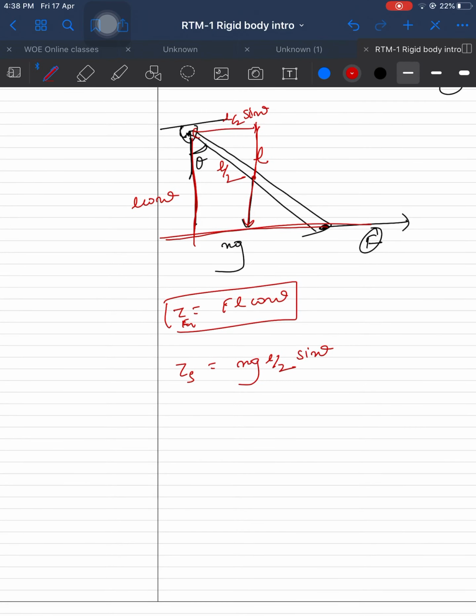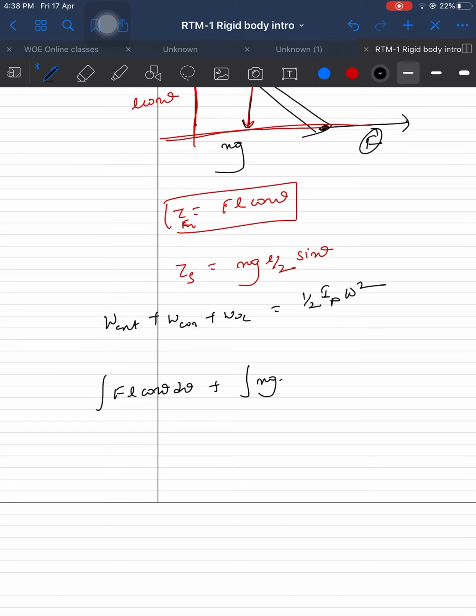External force is integral F into L cos theta d theta, plus conservative force integral mg L by 2 sin theta. Work done by non-conservative force is 0. It is half I, moment of inertia about the end, equal to ml square by 3 into omega square. The integration limits are 0 to theta.